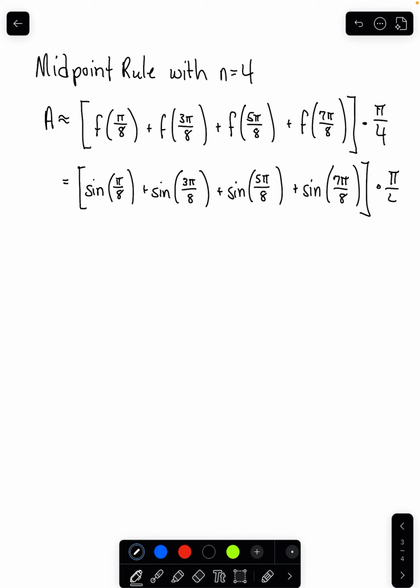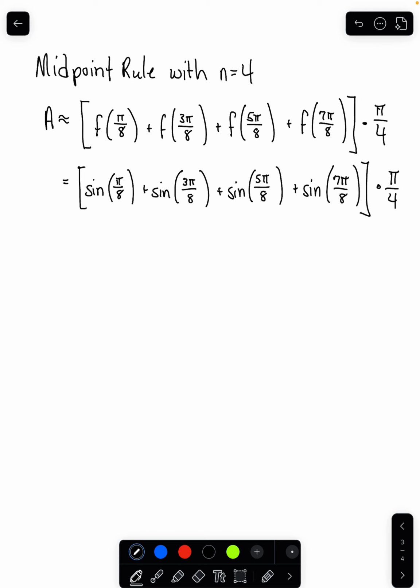Now, admittedly, this is not the nicest thing in the world because none of these are nice angles, common angles from the unit circle. So we have no choice but to turn to the calculator. Now, that being said, there are ways to deal with some non-common angles from the unit circle.